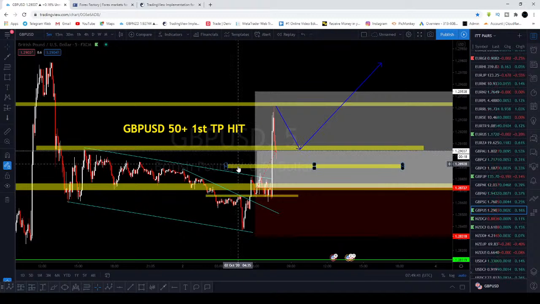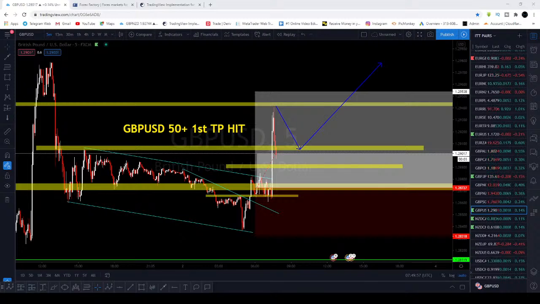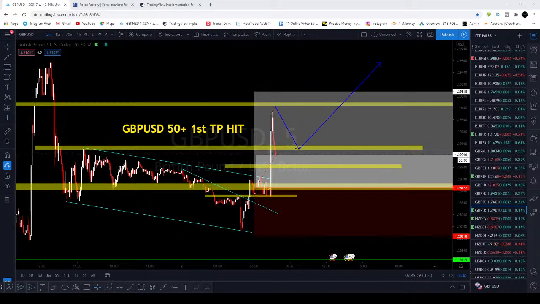It might be manipulation, or some sort of manipulation as well. Waiting for the new support level.